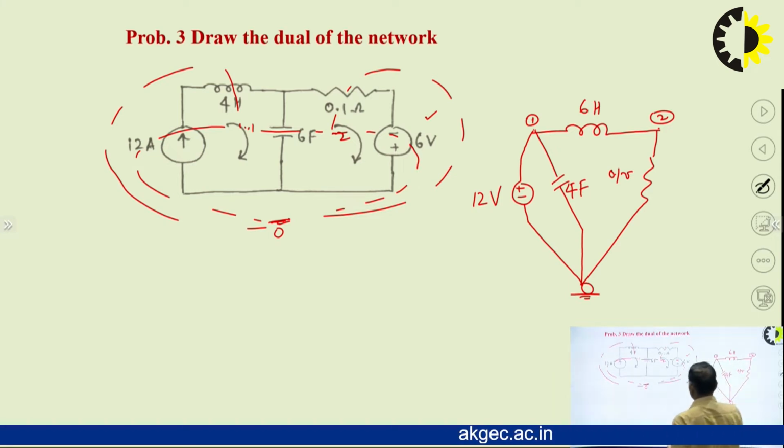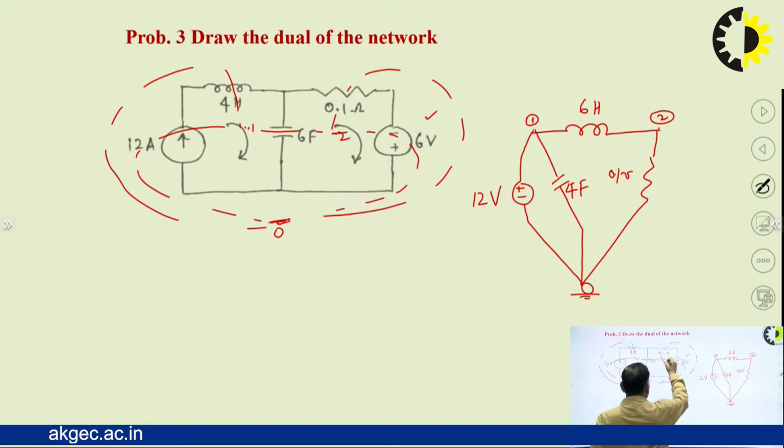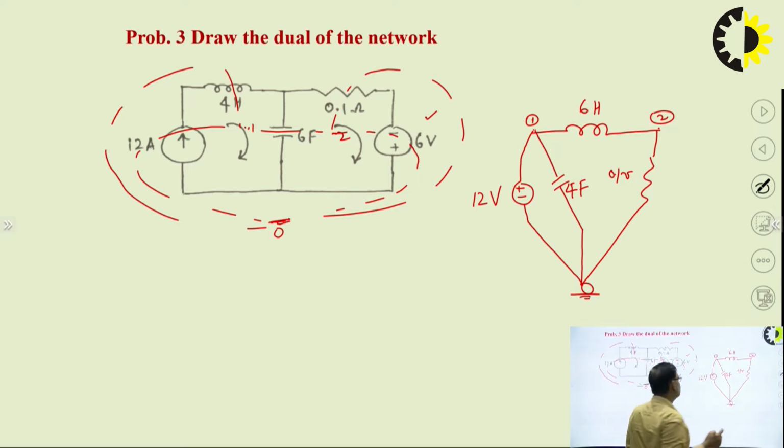And look here, most of the time students commit mistakes here. We can see that the mesh current of this loop is supporting the voltage polarity of this voltage source. So the direction of the current source will be towards node.